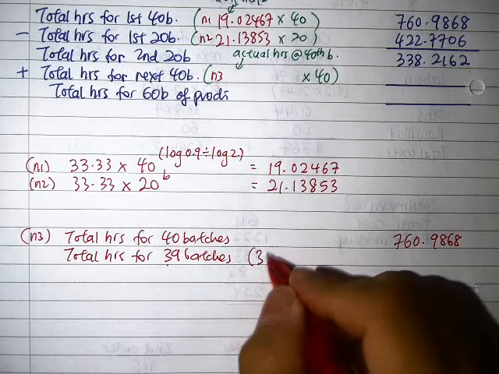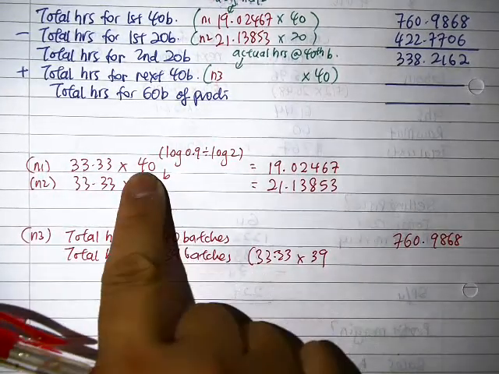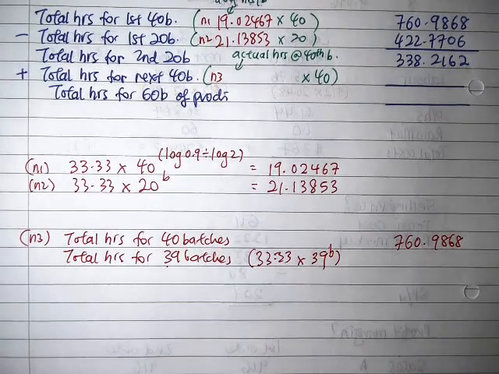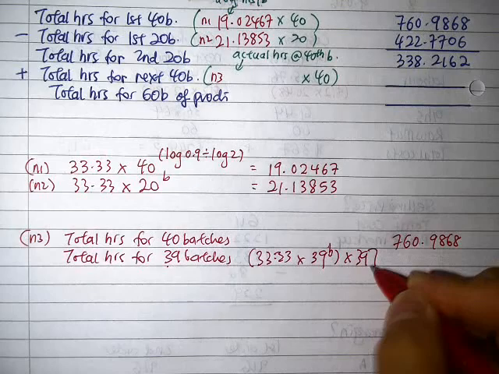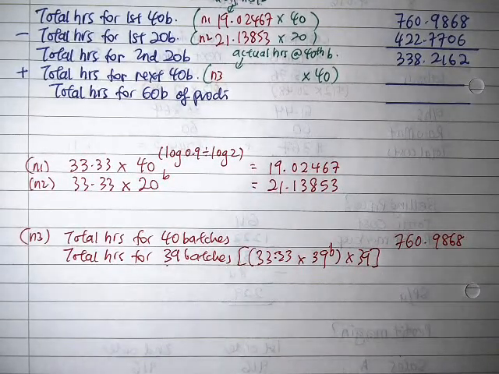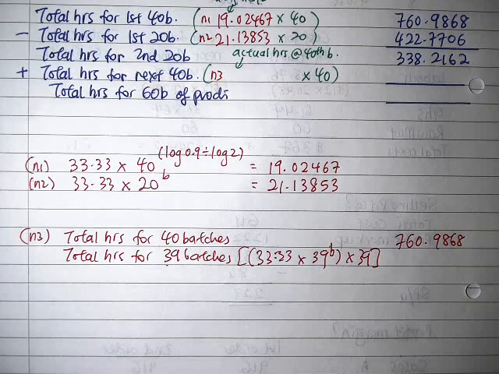So it's going to be the same thing. You're just going to replace the 40 with 39, with the same power of b, and you're looking at 39 batches. So what we're going to see here, 33.33 to the power of log 0.9 divided by log 2.